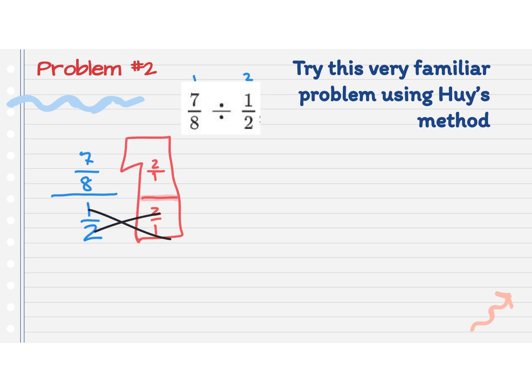These are going to cross out, and what you're going to be left with is 7/8 times 2/1, which gives you 14/8, which gives you 1 6/8, which ends up giving you 1 3/4. So again, just like I said before, the problem with Huey's is that you end up with these bigger numbers that you end up having to continue to reduce. So it may not be for everyone, but it's a great idea.